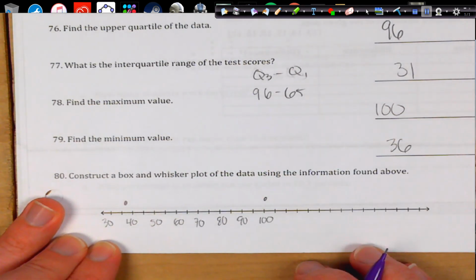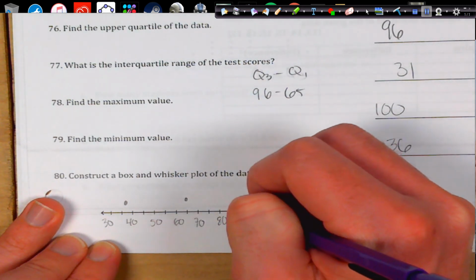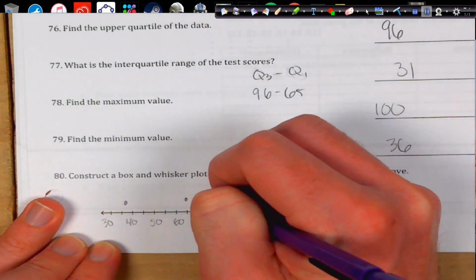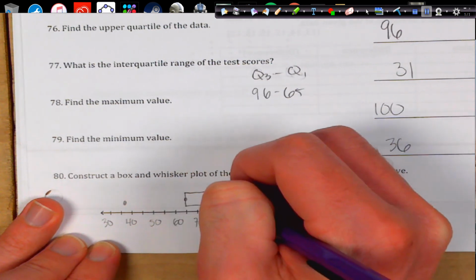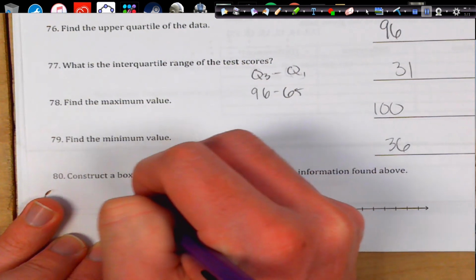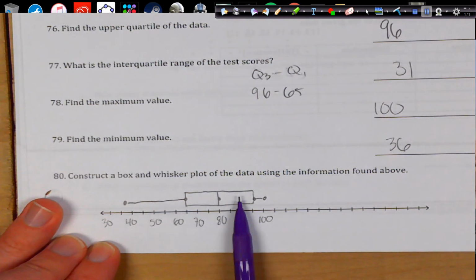Our first quartile is at 65. Our third quartile is at 96, and our median's about 80. Okay, 25% of our data is here, here, here, and here.